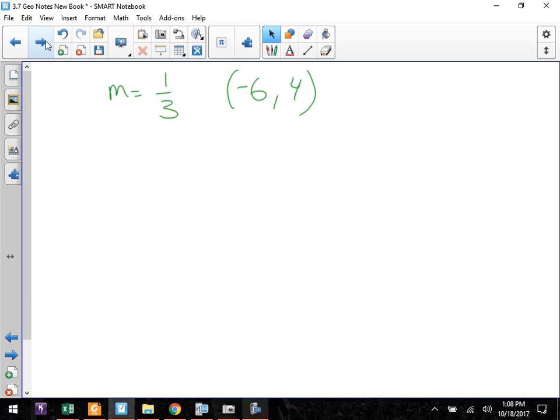Write the equation of the line in slope-intercept form, given that you have a slope and that point. So you have to start with point-slope form, and then solve for y.